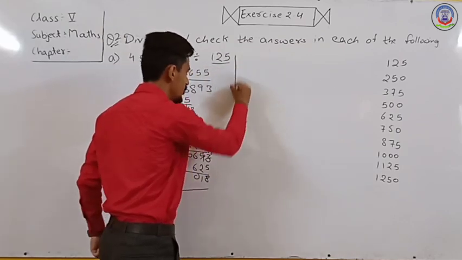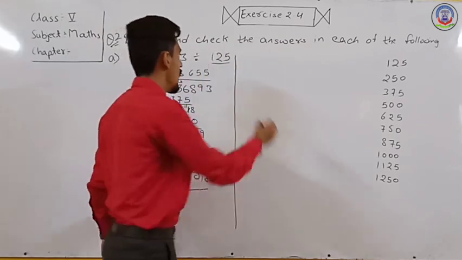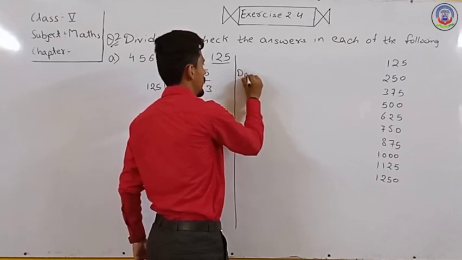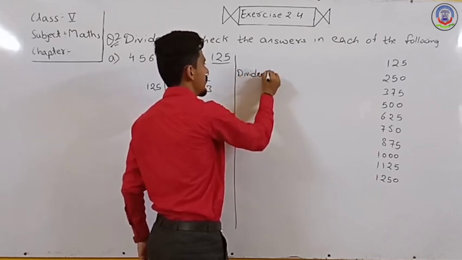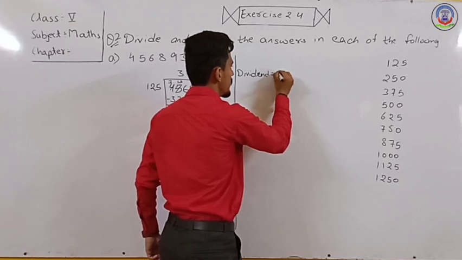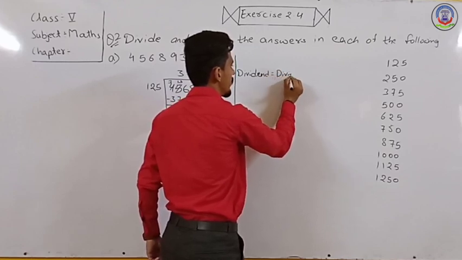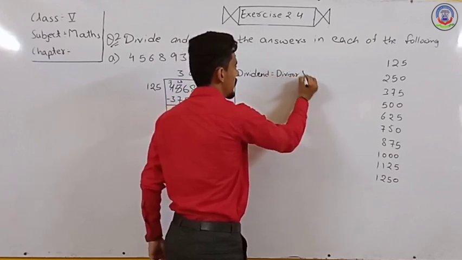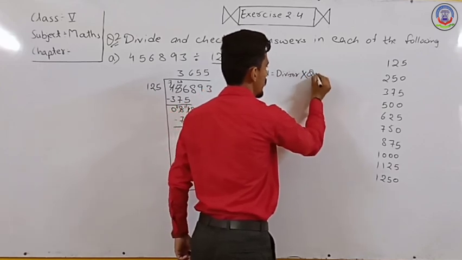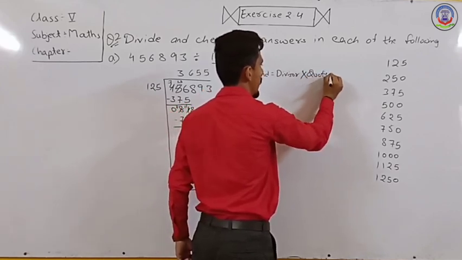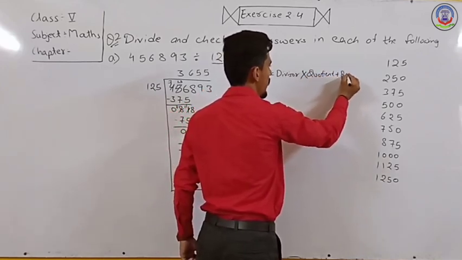So how do we check? We have the formula: dividend equals divisor multiply quotient plus remainder.